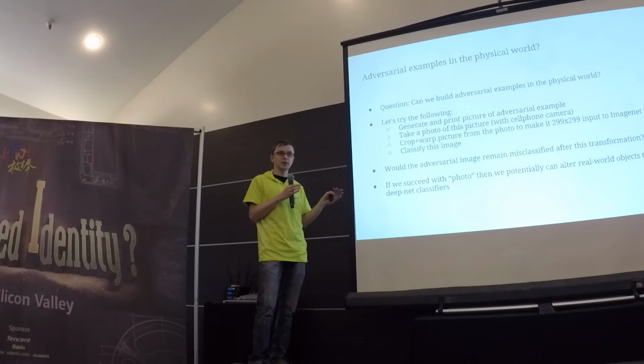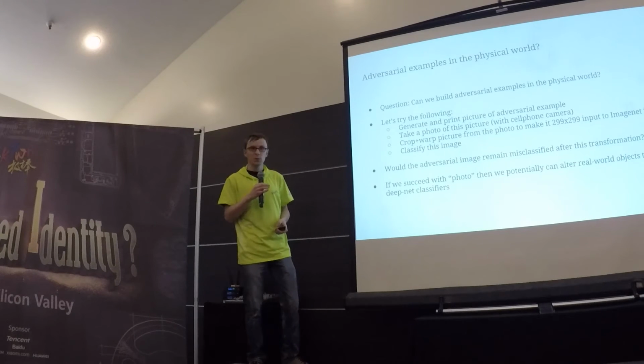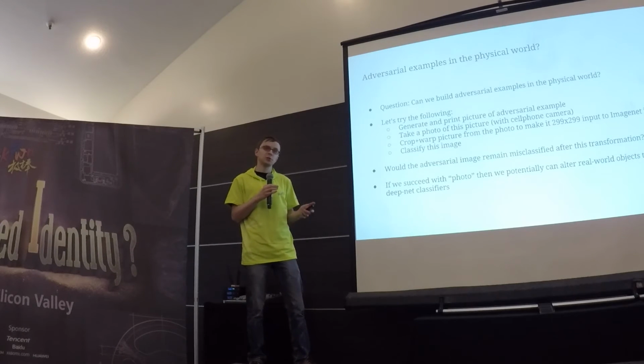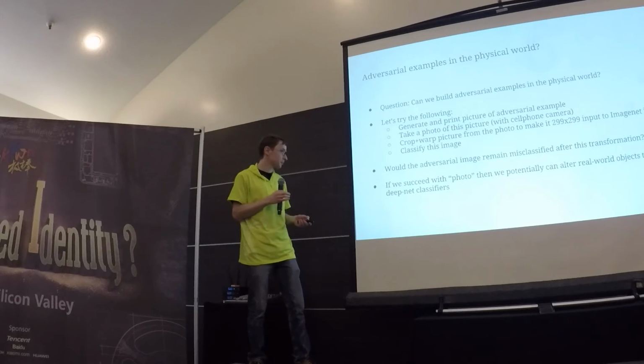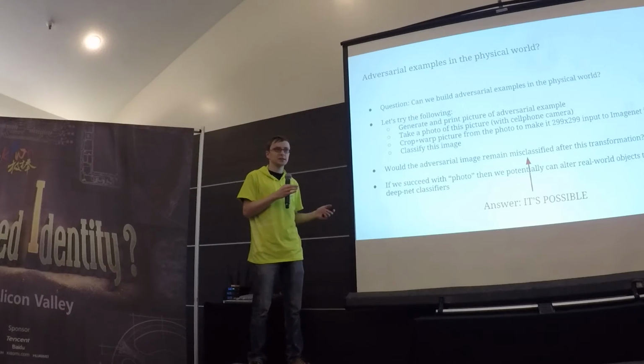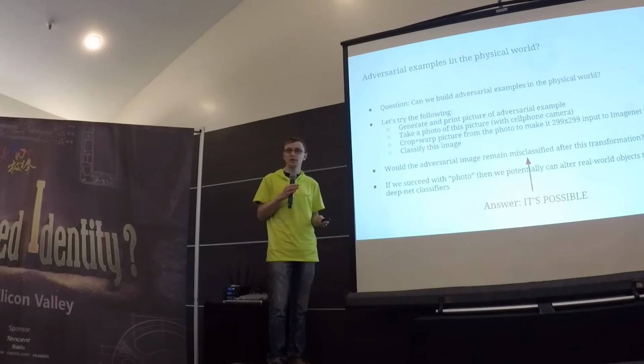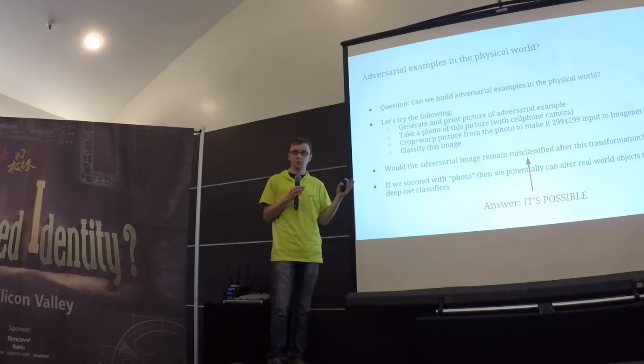Clean is the unmodified image, adversarial is the one with this perturbation. We took photos of them and then tried to recognize them. And we noticed that, not always, but pretty often we can still fool the system. So the answer is yes. Even if we perceive data through sensors, like a camera, which cause their own perturbations, we still can fool machine learning systems.